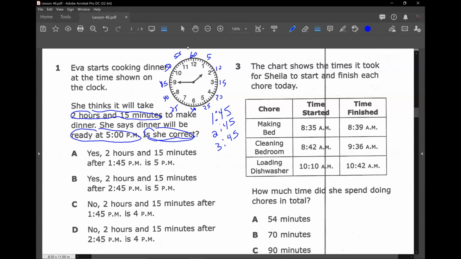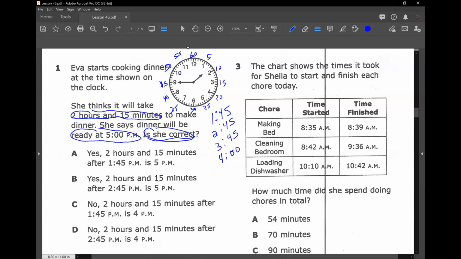So each one counts by 5. So we have 5, 10, 15. Sorry, I did that wrong. 5, 10, 15. So that would make it 4 o'clock.